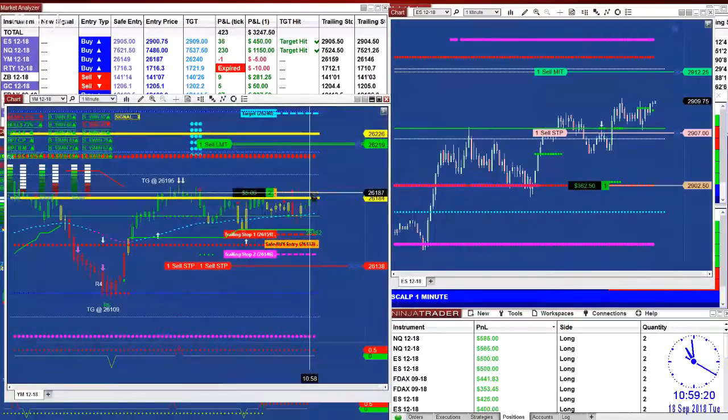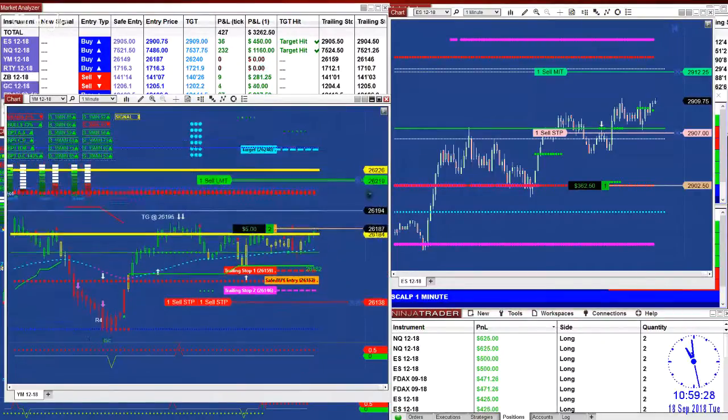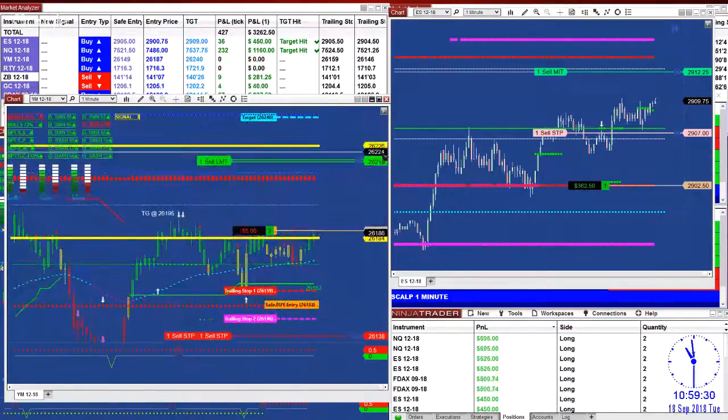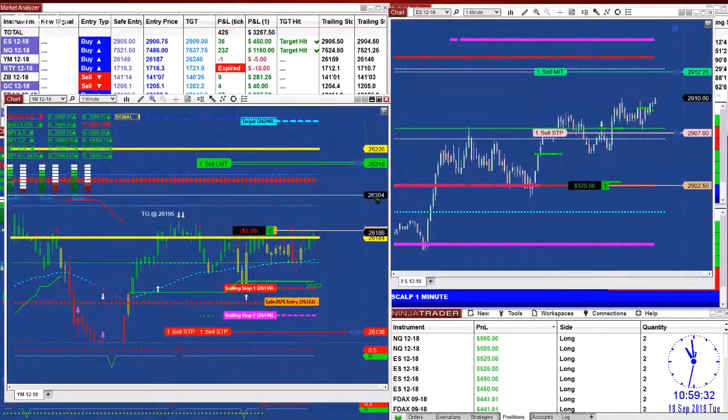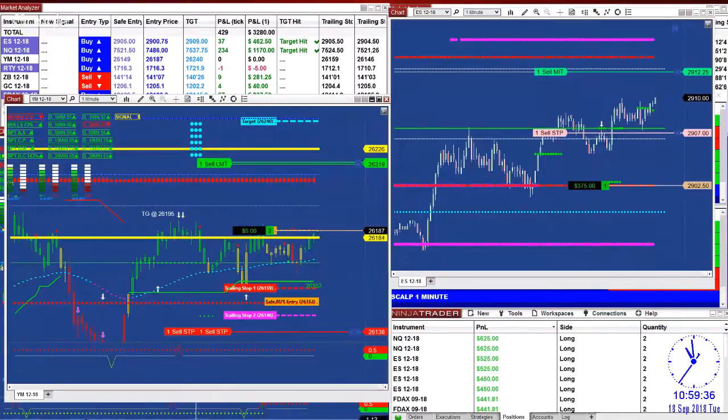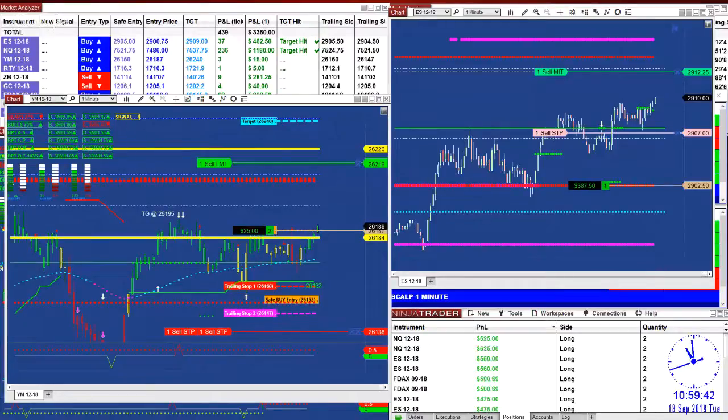This is the entry price right now, a new entry on the YM. And it is a very nice trade. There we go. Okay, we have a liftoff.